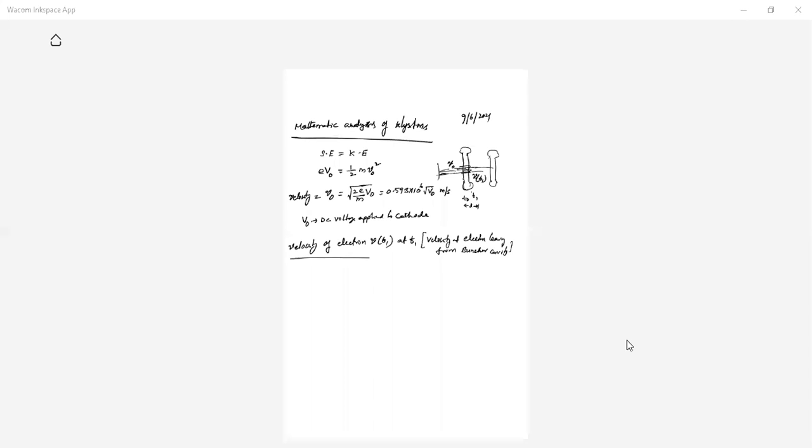So our aim is to calculate V of T1. What is T1? T1 is the time at which the electron leaves from the Buncher cavity.